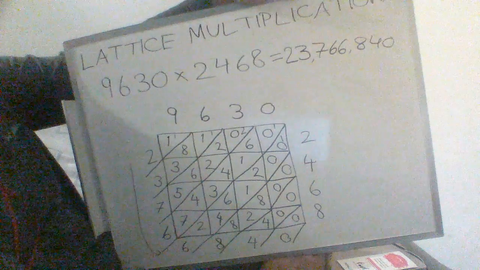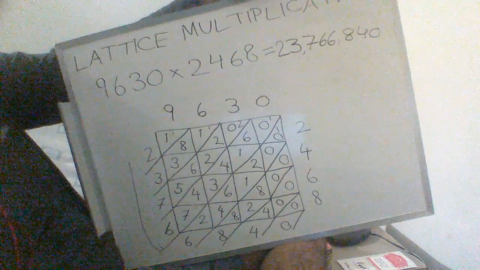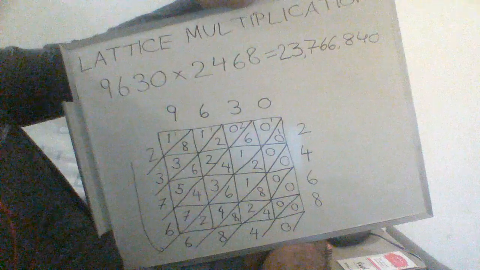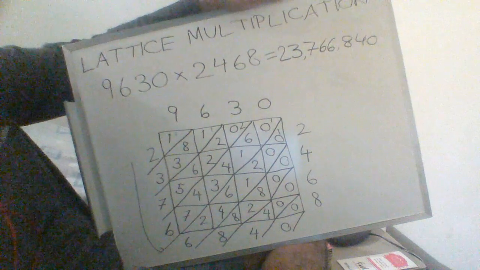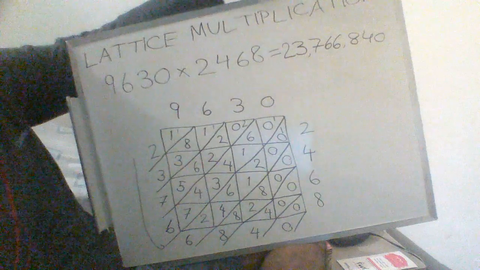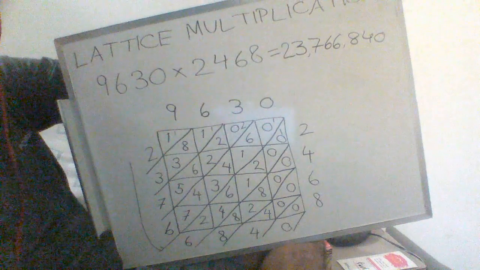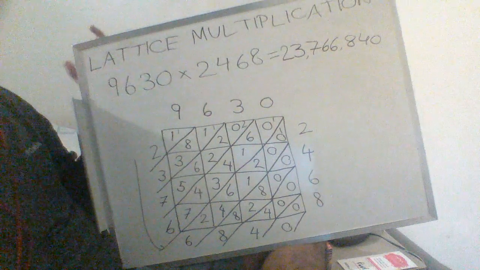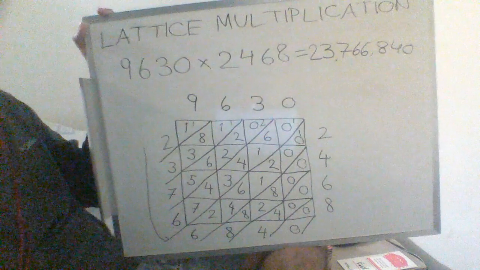But yeah, so that's lattice multiplication. It gets a little bit long for bigger numbers. There are definitely positives to using this one, and there are positives to using long multiplication, but I'd say just practice a little bit of both, especially on your assignment. If you're more comfortable with one, try the other.